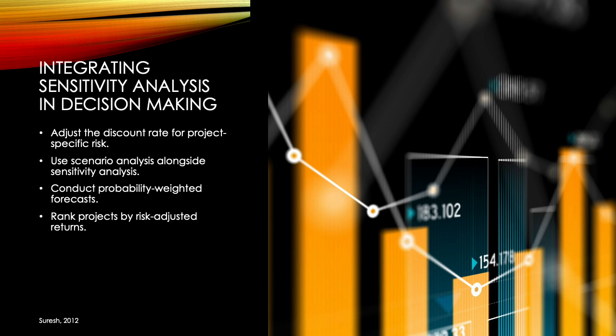For example, we can adjust lower sales and higher costs together to simulate a worst case or best case outcome. Sensitivity analysis complements these techniques by isolating specific variables. Together, they allow for more comprehensive modeling of uncertainty and guide decision makers in evaluating the full spectrum of potential outcomes.